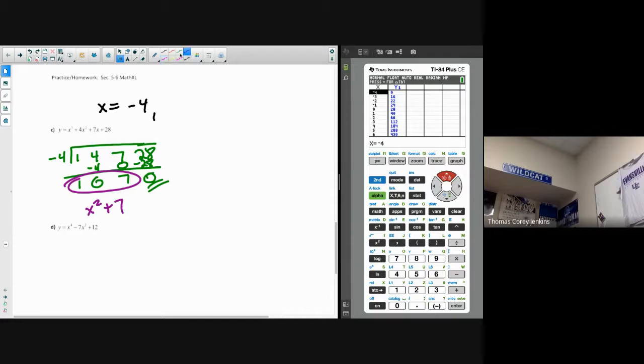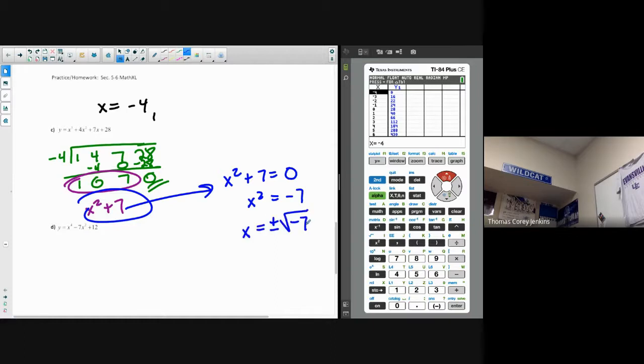But the easy thing to do here would be just to solve using square roots, right? If we just set that equal to 0, since we don't have that bx term, we're just going to solve algebraically using square roots, right? So isolate the x squared term. We get x squared equals -7. So we get x equals plus or minus the square root of -7.